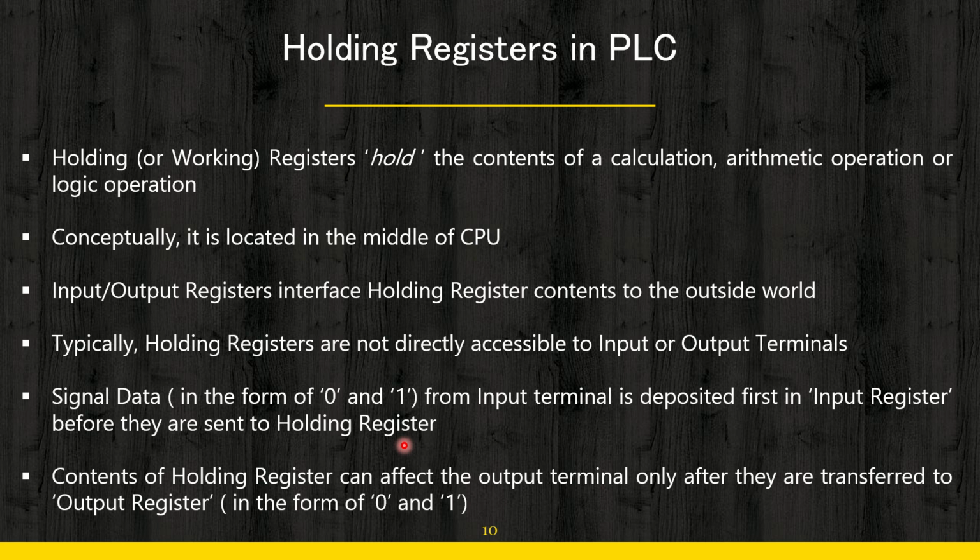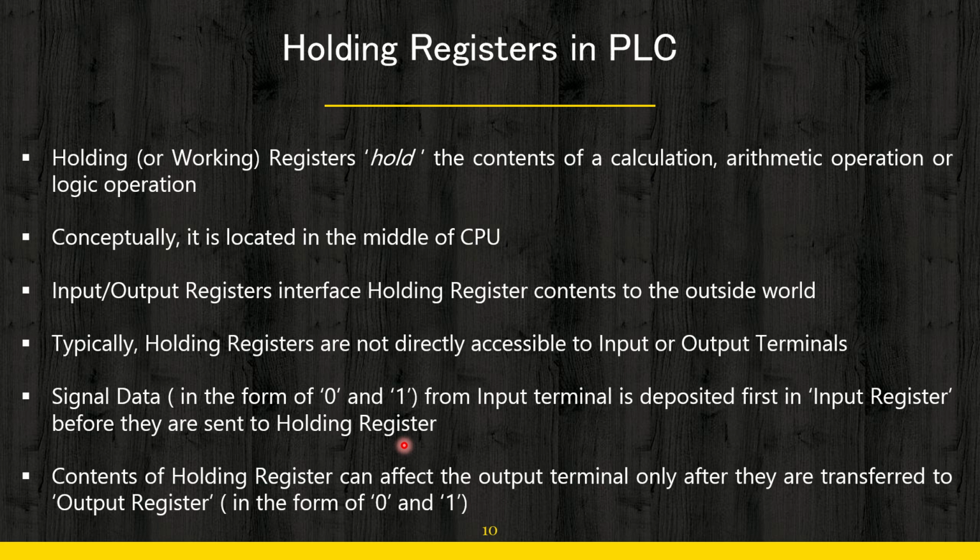Next, whenever some mathematical action or control action or logical action has taken place at the heart of the processor, that is the CPU, and the result has to be sent to the output terminals, this is also not done directly. The contents of the holding register which are ready to be output at the user end are first sent to the output register, and then the contents of the output register are directly reflected at the output terminal.